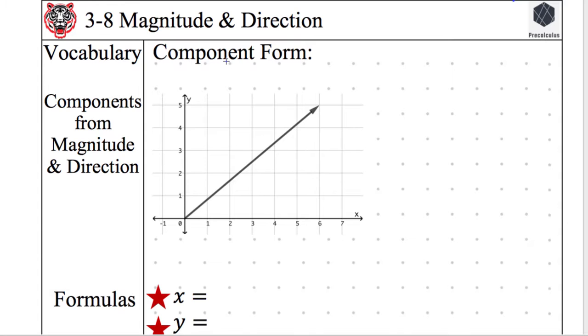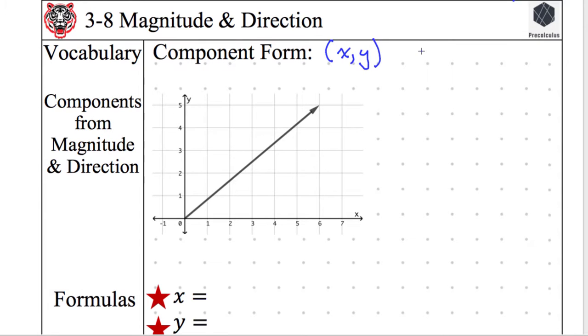All right, so today we're trying to use magnitude and direction to get to component form. And by the way, component form, we've been dealing with it for this entire unit for 7 lessons now. So component form, what is that? What is component form, Daisy or Rochelle? You remember? It's this thing where you can have an x comma y.